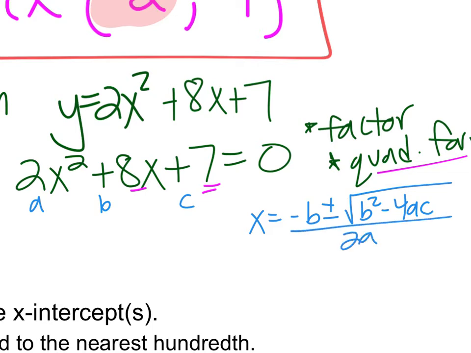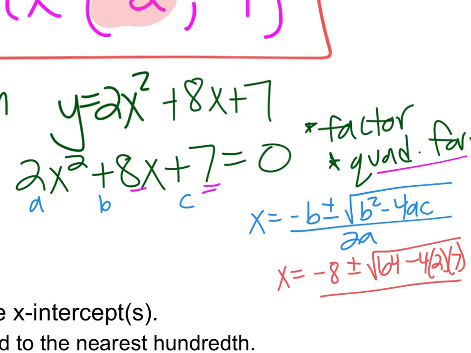If we substitute in there, we would get x equals negative 8 plus or minus the square root. I like to go ahead and do b squared right away, so 8 squared would be 64, minus 4 times 2 for a, 7 for c, all over 2 times a, which would be 4.